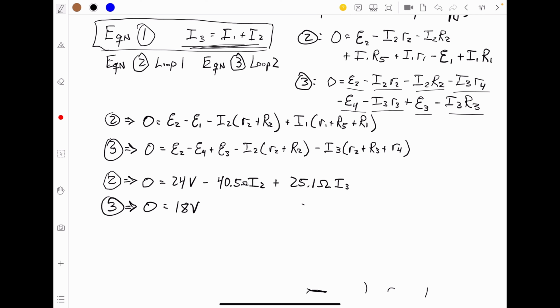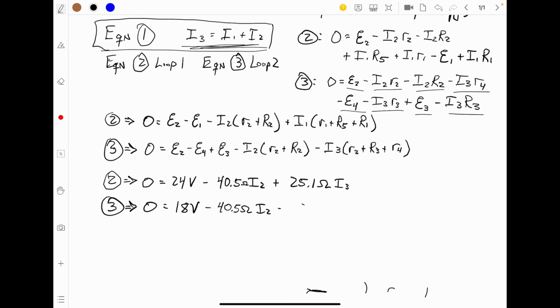Did I do that right? I want to make sure I'm doing that right. E2. Yeah, I think that's right. Okay. And then I'm subtracting off R2 plus big R2. That's 40.5. 40.5 ohms times I2. And I'm subtracting off again little r3, big R3, and little r4.